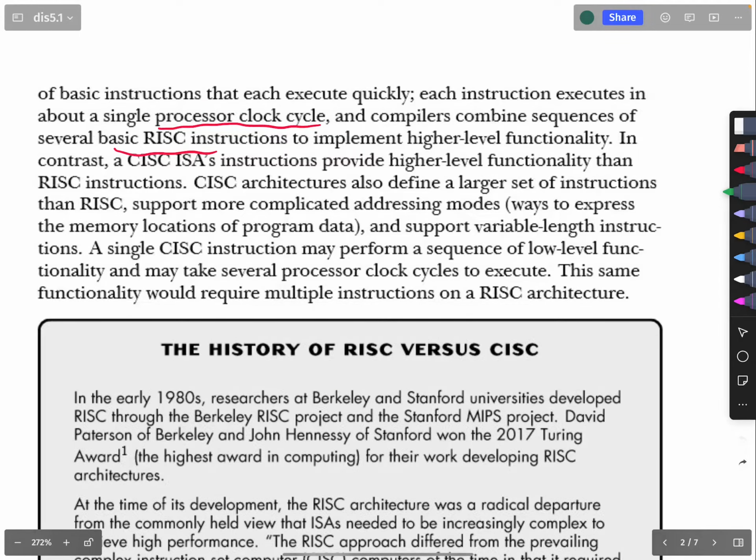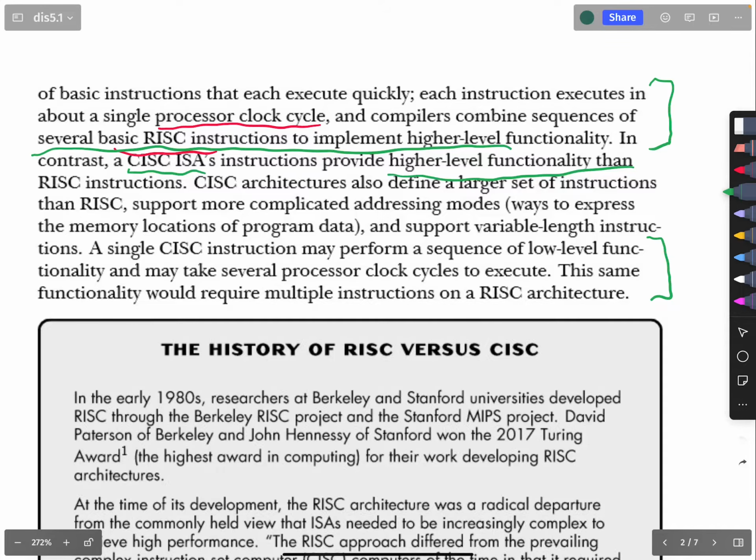So anyway, this is a description of RISC, and then in contrast in CISC, rather than using several instructions to implement high-level functionality, many high-level functions are given their own dedicated instruction, so that rather than having to build it from components, a single call performs that job.